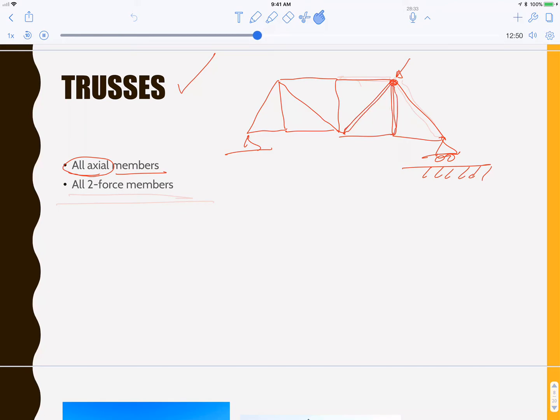That means all the forces are directed along the direction of the member, and there is no moment. That's the important thing. There's no moment because all the forces are concurrent. Remember, if the forces are concurrent, the moments are automatically zero. Everything will be a two-force member if everything goes into a joint and all the loads are at the joint.